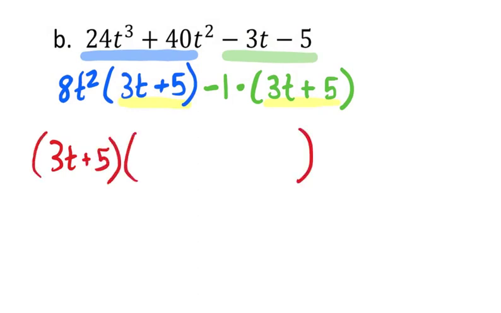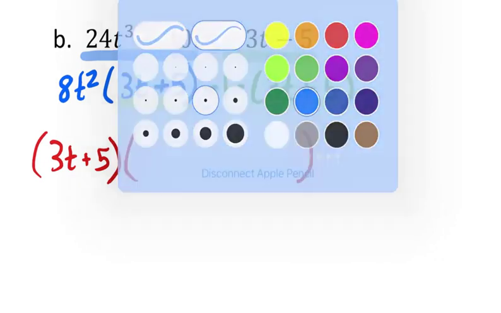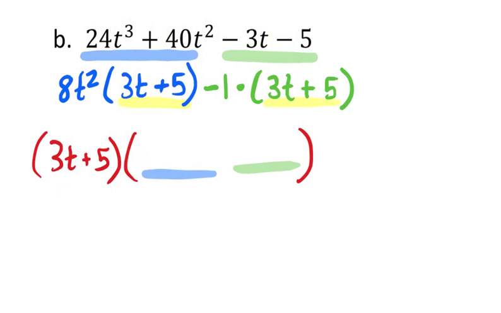So then you have that common group of 3t plus 5, which you can factor out, and that'll leave you with 8t squared minus 1, which if you were to think about multiplying that back together, distributive property, it would equal your original.